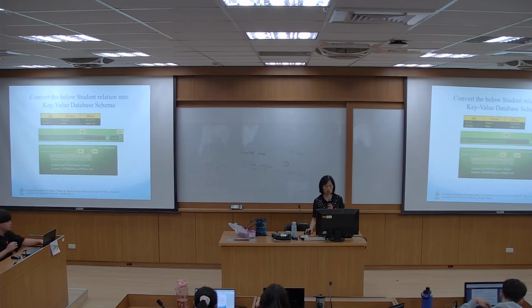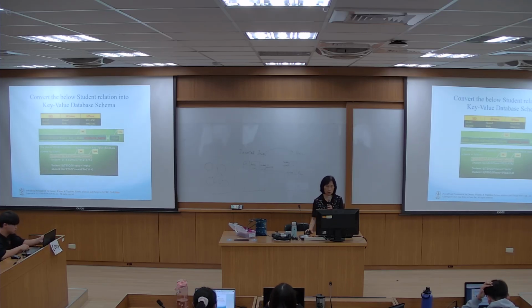Since it's a primary key, it's unique, you don't specify that. Then we have two fields, so we have two pairs.